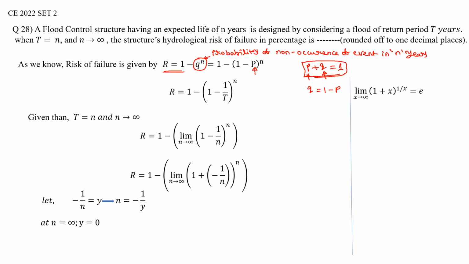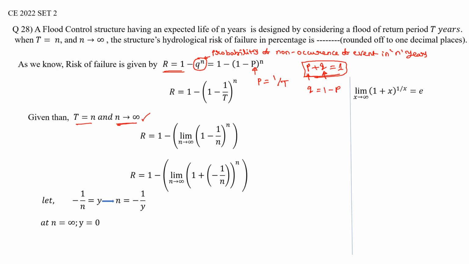So we know from earlier slides p equal to 1 by return period. So substitute that: 1 minus 1 by t, power n. Okay, so what they mentioned here in the question is given that t equal to n and n tends to infinity.